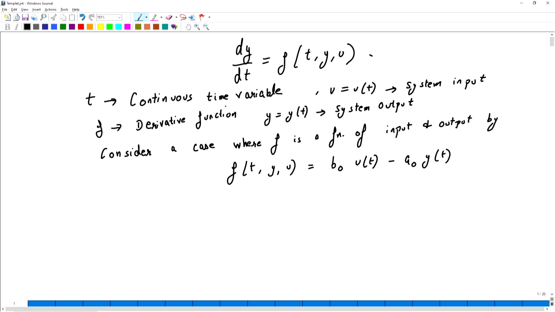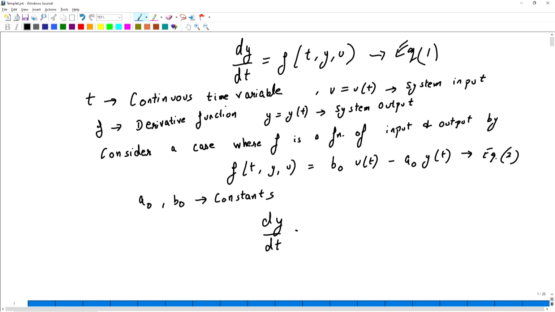We will consider this as equation 1, this as equation number 2. So here a naught and b naught are considered as constants. We can write dy by dt equals to b naught u of t minus a naught y of t.